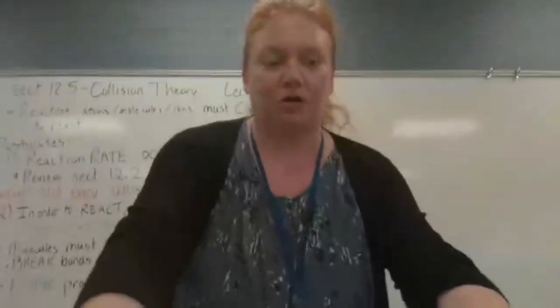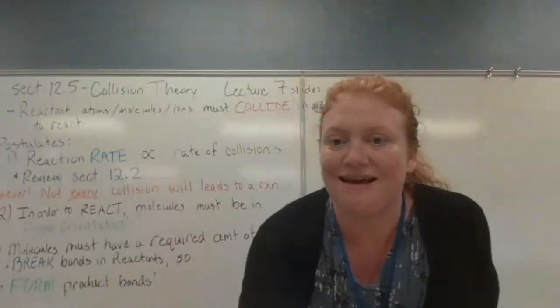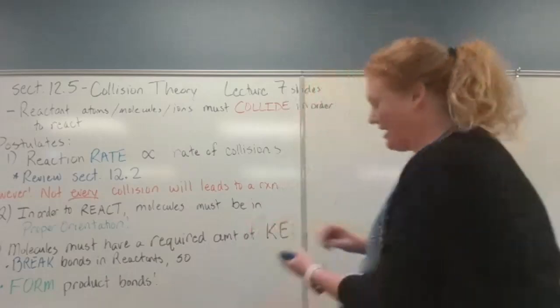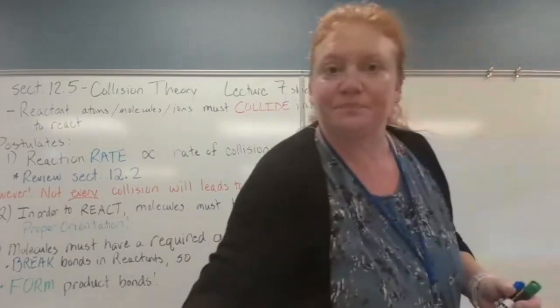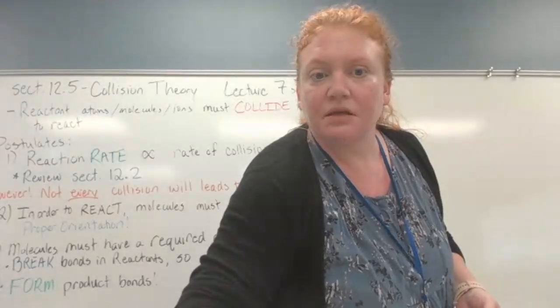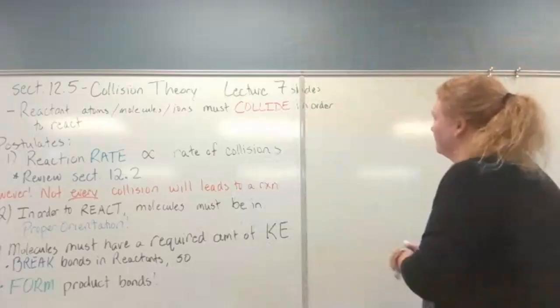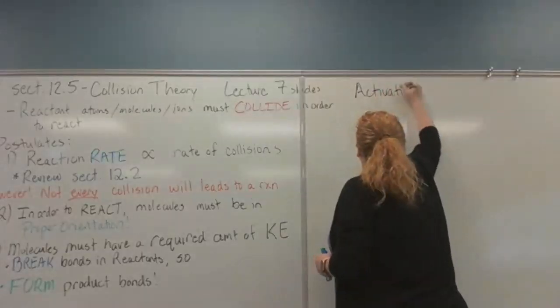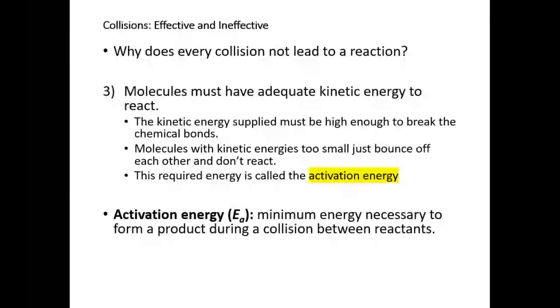So what is this required amount called? This is what is known as activation energy. Activation energy is the minimum amount that's required. The symbol for activation energy is a capital E with a lowercase a subscript.